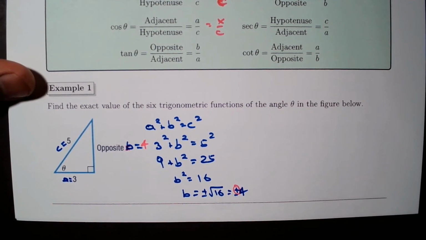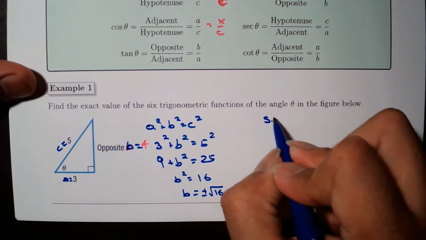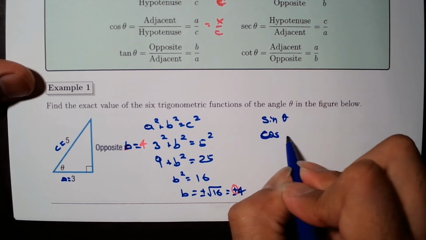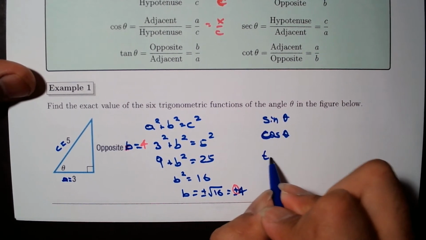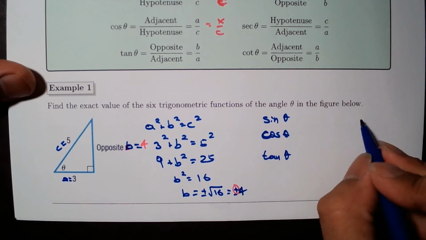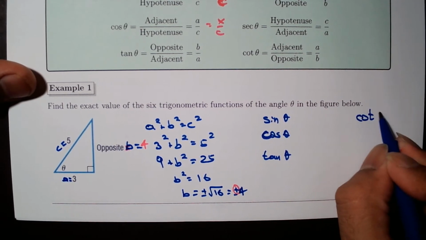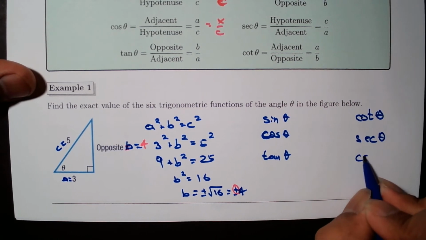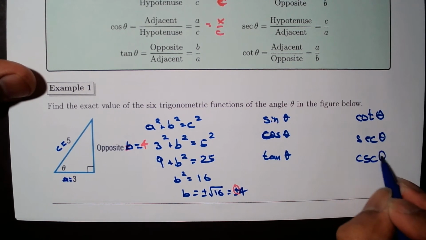So what are we going to do in this case? Let's write sine theta, cosine theta, tangent theta, cotangent theta, secant theta, and cosecant theta.